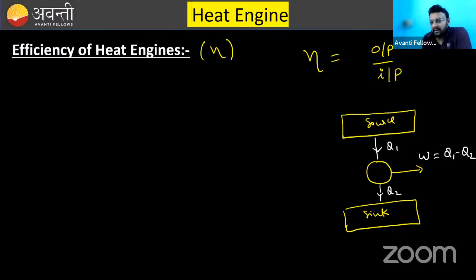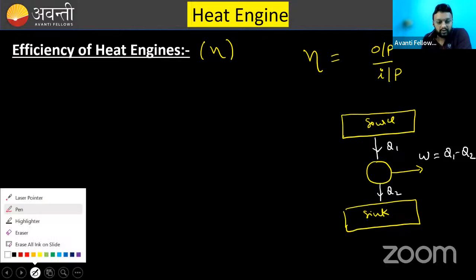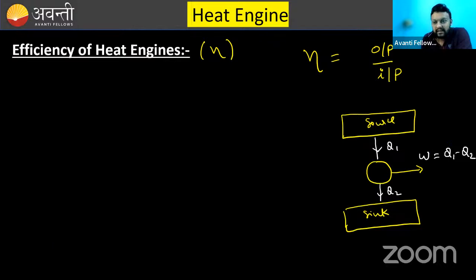Now, according to you, what is the output here? You will say that the work we get is our output. Then what is our input? You will say the heat that is taken from the source is our input. Am I right or wrong? Efficiency is always the ratio of output over input in every situation.